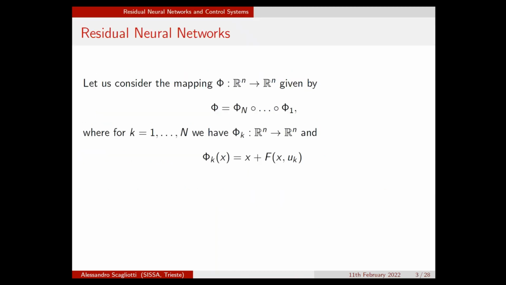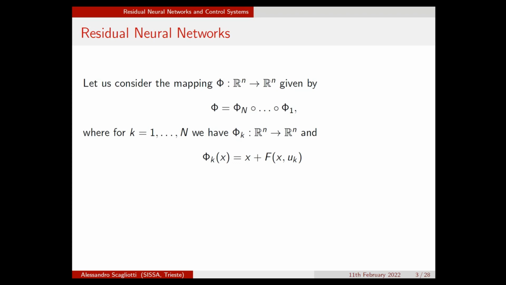Okay, so let's start by saying what is a residual neural network. In our framework, a residual neural network is nothing but a mapping Φ from R^n to R^n, which is given as the composition of capital N elementary mappings. Each of these mappings Φ_k has the same structure. It is given as the identity function plus a parametric function depending on a parameter u.